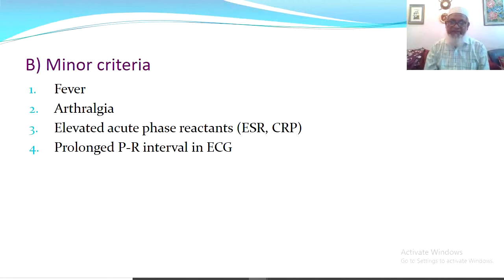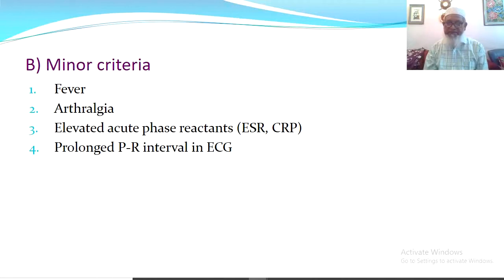Now the minor criteria. The fever, and the characteristic of fever of rheumatic fever, is a temperature up to 100 degrees Fahrenheit on 2 occasions in a day, either in the morning and in the evening, or more than 101 degrees Fahrenheit on a single occasion in a day.